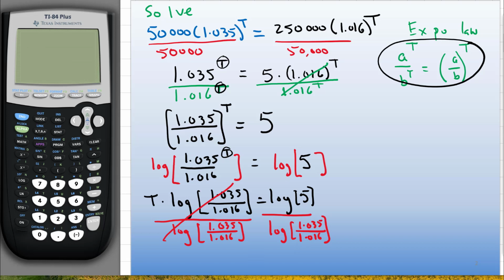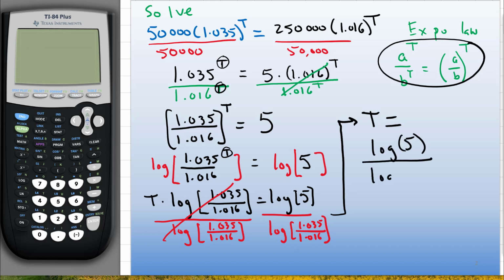So finally, I can come up here and give t as my final answer. t equals the log of 5 divided by log of 1.035 over 1.016. And that is my final answer for t.